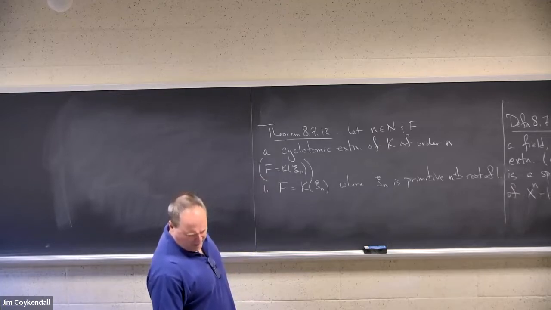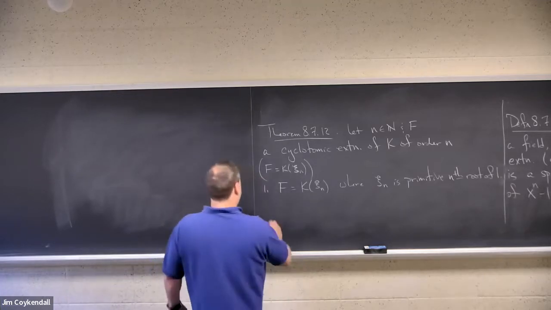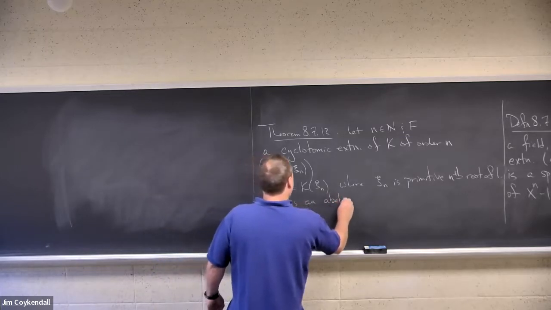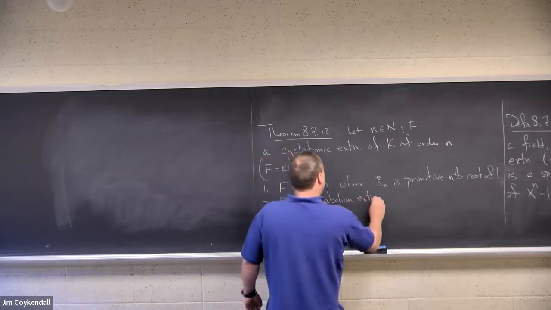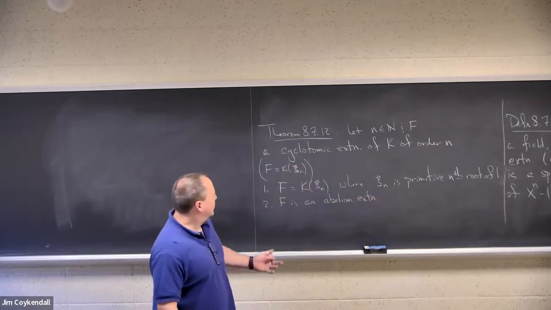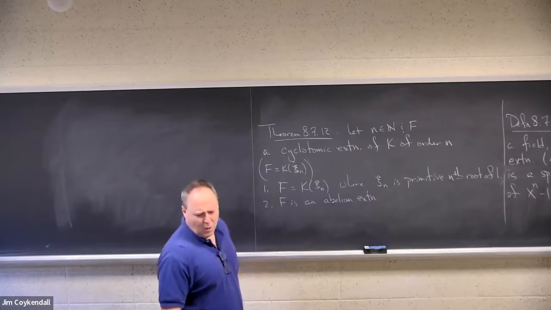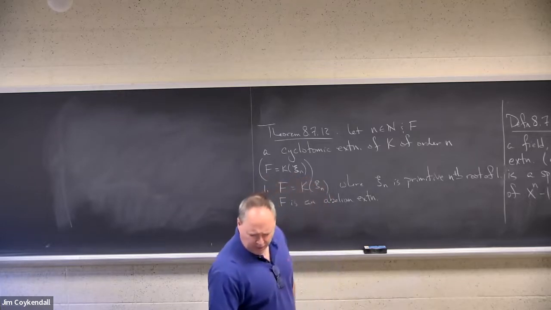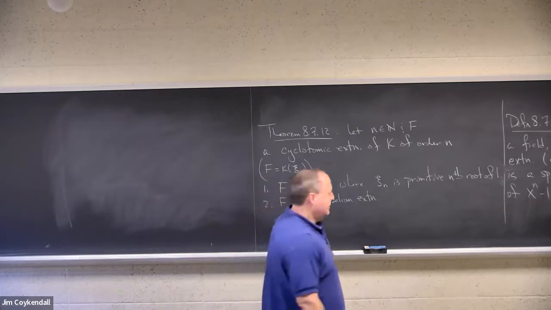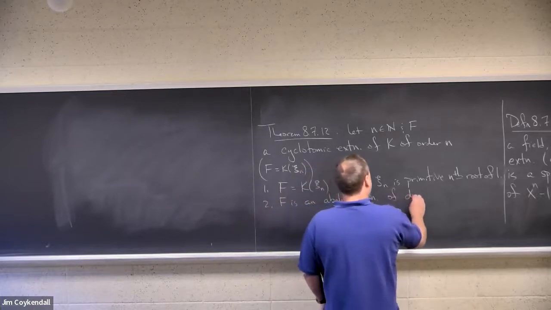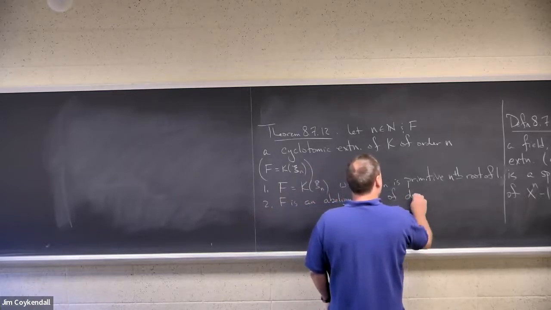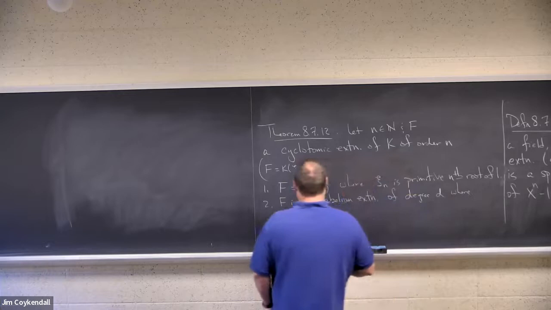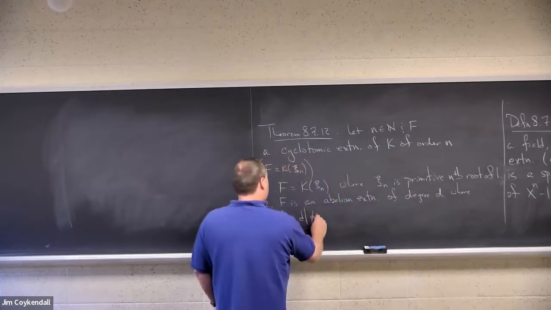F is an abelian extension. Okay, so it's a Galois extension. It's got an abelian Galois group. And what's the order of the Galois group? d, where d is a divisor of your phi function of n.